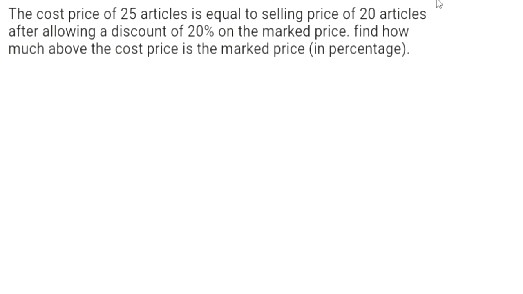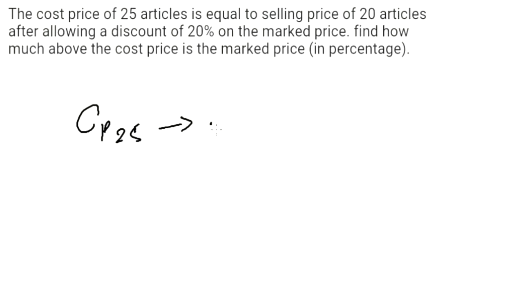Whenever it comes to this proportion of amount, you have to equate the number of articles, right? Let's say, for example, here the cost price is 25 articles. I'm just guessing, let's say I'll take 100, because think of 20 and 25, an easy common number, right? Not 50, 100. So 25 into 4 is 100. I'll take that.